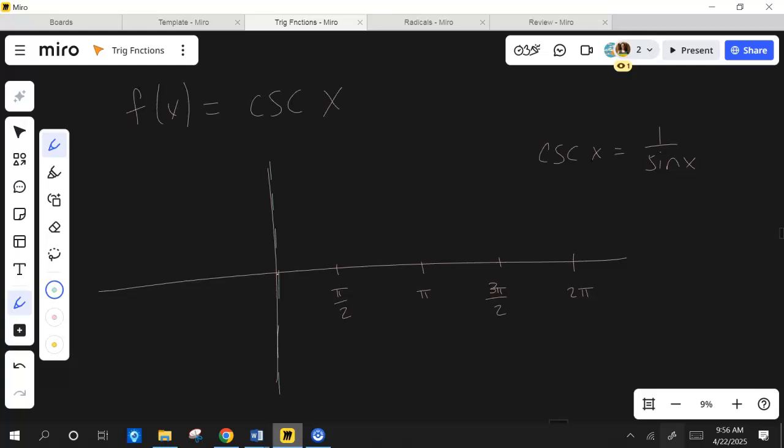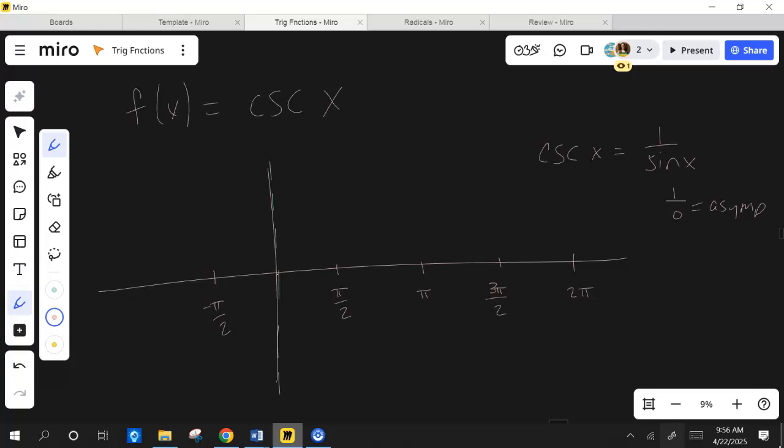All right, stay with me. Everywhere sine is 0, I have an asymptote, okay? So look at your graph because it's undefined, because at 0, sine is 0. So if I do 1 over 0, that's undefined.